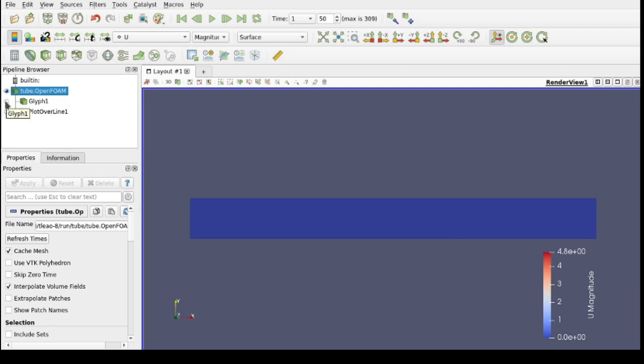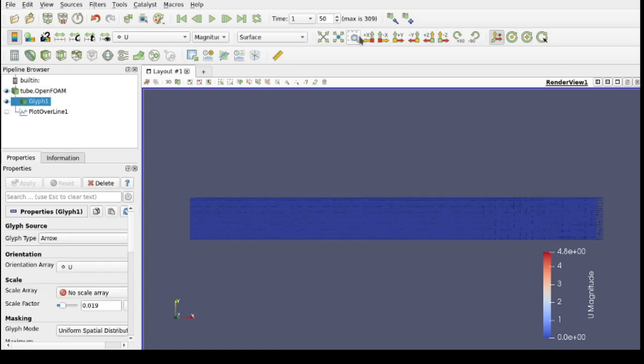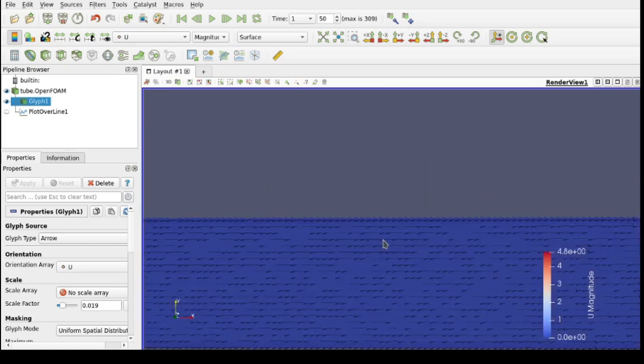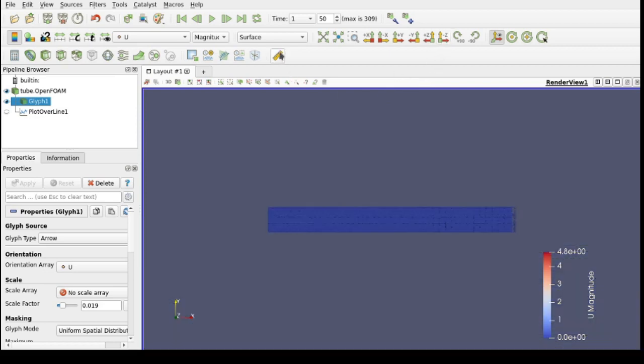If we take a look here at the velocity vectors, we can zoom in here, and you see that the velocity vectors are equal everywhere, and at the boundary here of the domain, the velocity is the same as in the fluid. It's a pretty simple simulation of a tube.